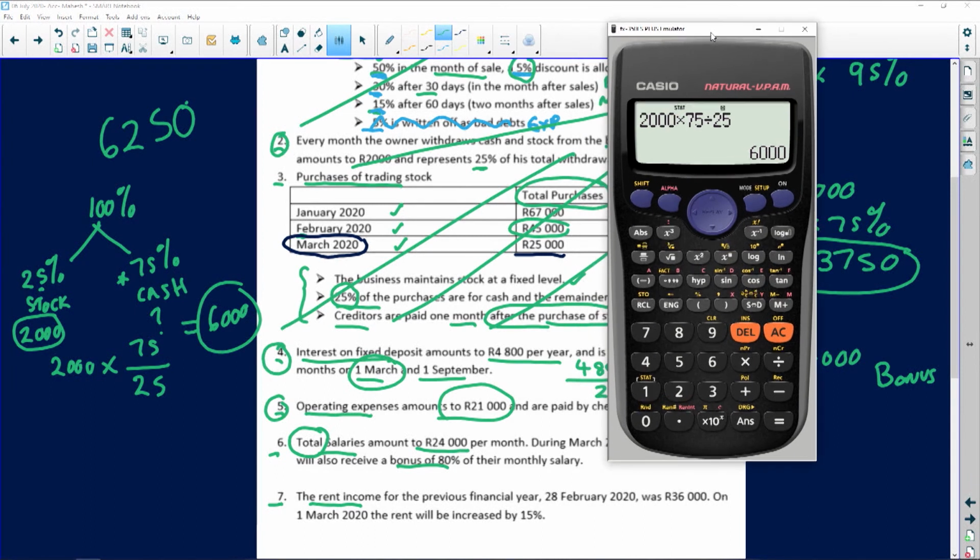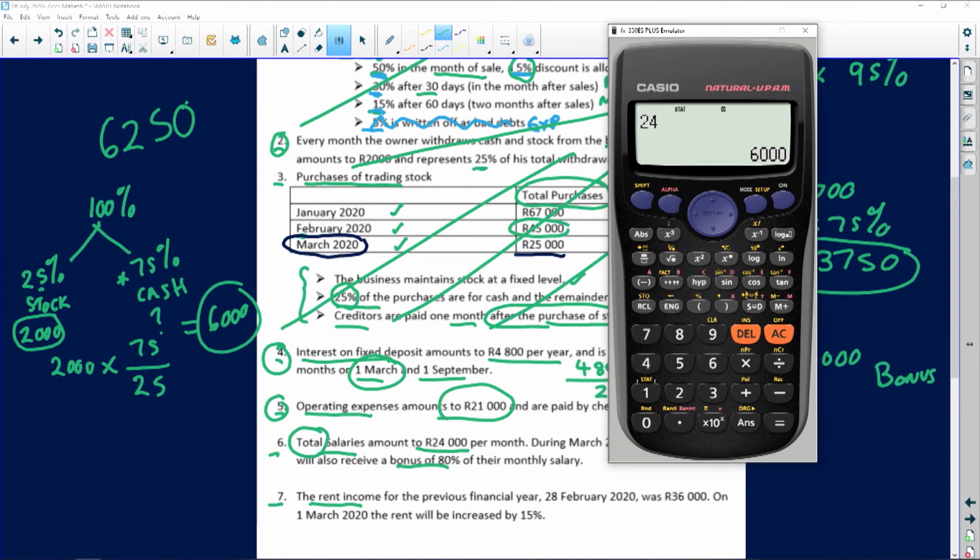Let's get the calculator out. So 24,000 times 80%, and their bonus should be 19,200. Remember guys, even if you took the 24,000 and divided it by 4, each worker gets 80% as a bonus, so 4,800 times 4, I am still getting the 19,200.